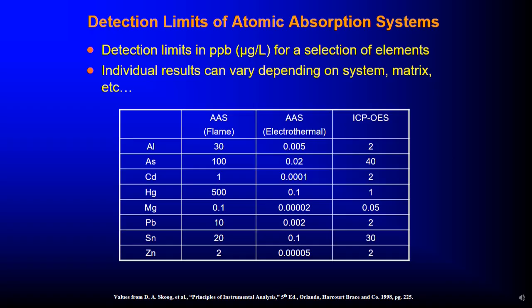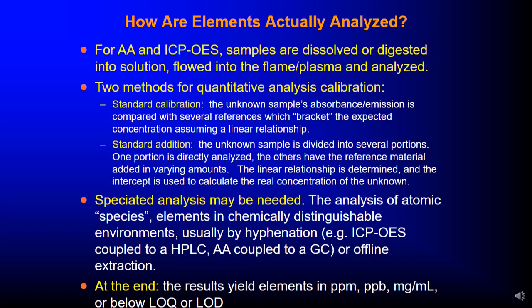So detection limit in parts per billion, for a selection of elements; individual results can vary depending on the system. And so for atomic absorption and ICP-OES, samples are dissolved or digested into solution, flowed into the flame or plasma, and analyzed.